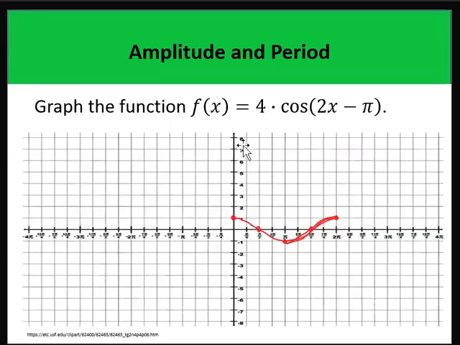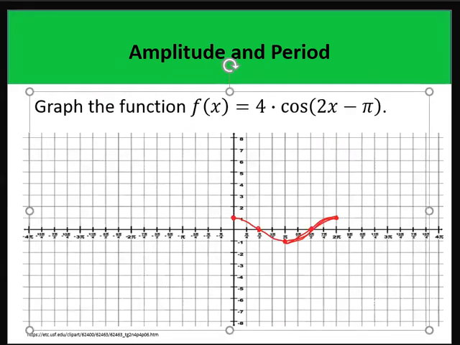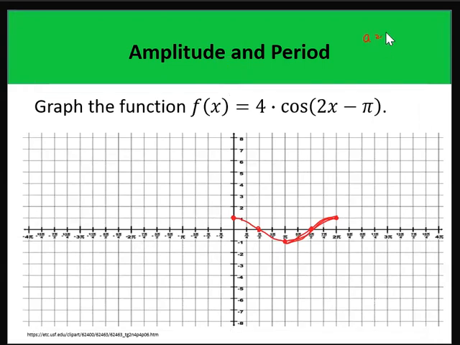So let's have an example for this. Let's consider the graph of the function f of x is equal to positive 4 times cosine of 2x minus 5. So in here, the value of a is equal to 4. The value of b is positive 2.